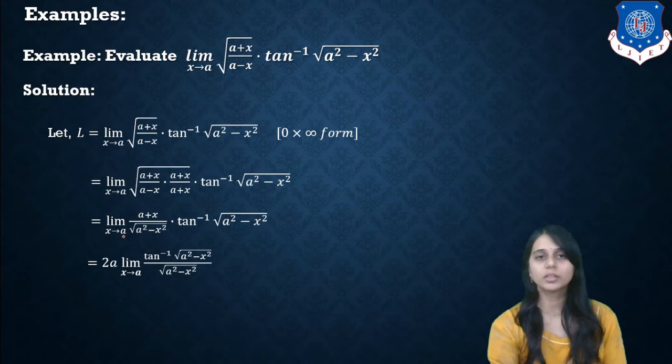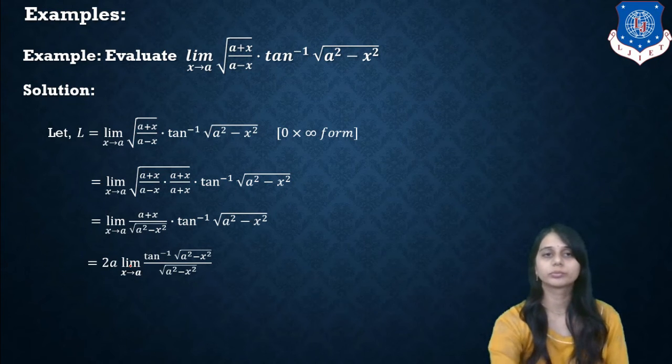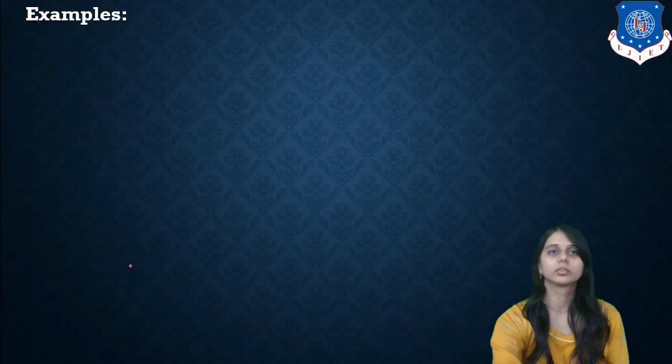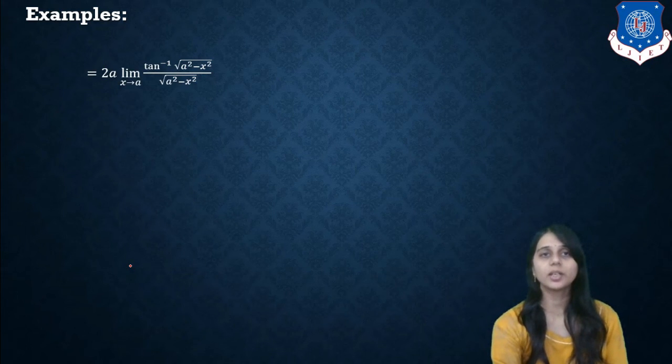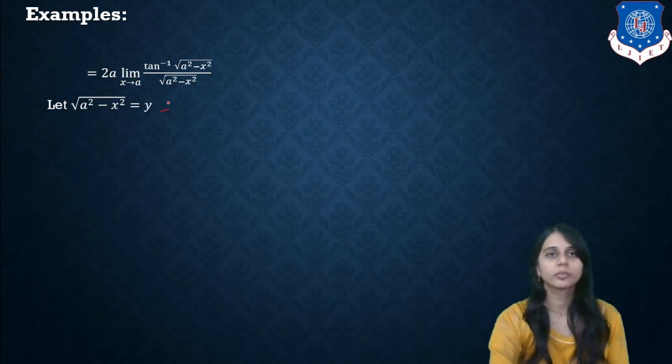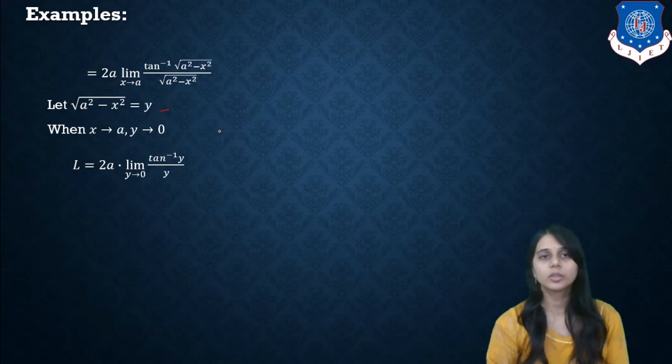Now 2a is common: 2a times the limit as x tends to a of tan inverse of square root of (a square minus x square) upon square root of (a square minus x square). If we assume square root of (a square minus x square) equals y, as x tends to a, y tends to 0. So the limit as y tends to 0 of tan inverse y by y is 1. So L equals 2a.